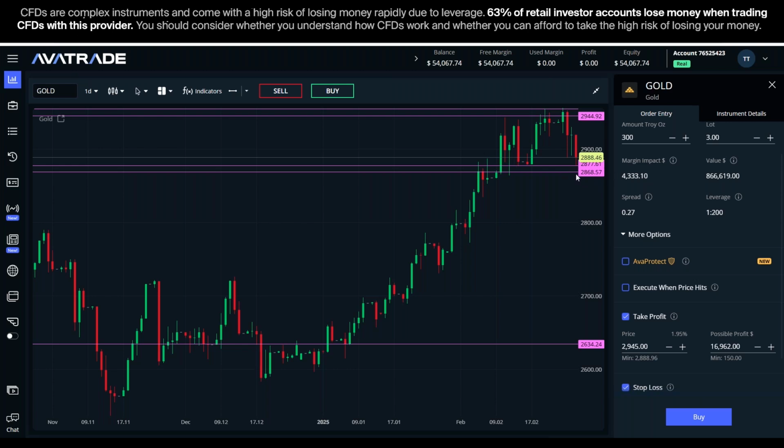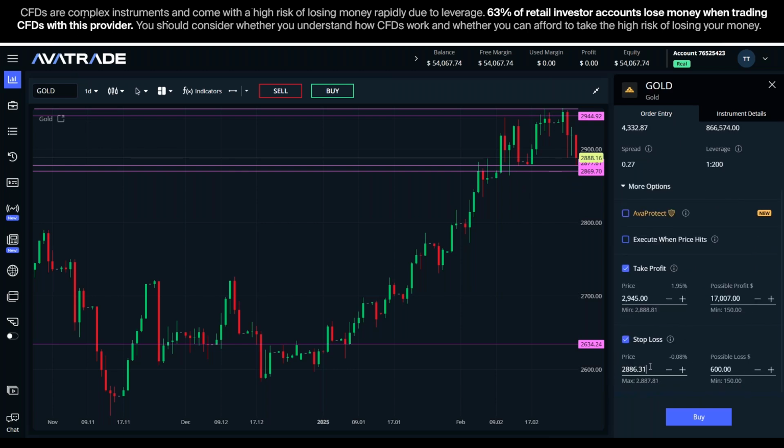So stop loss at 28, I don't know, 28.70, something like that. 28.69, 28.70 is below that support level by a few dollars. So 28.70, stop loss.